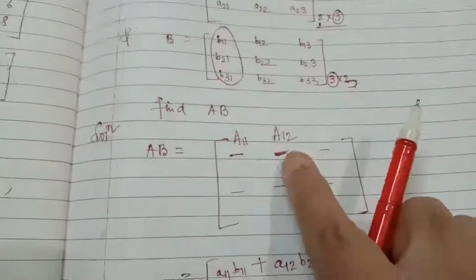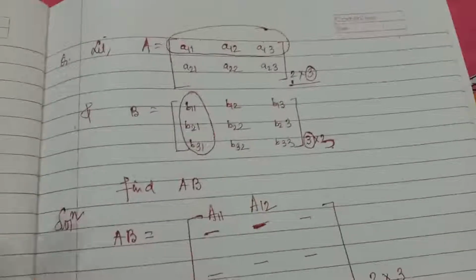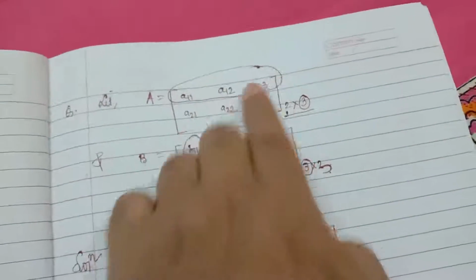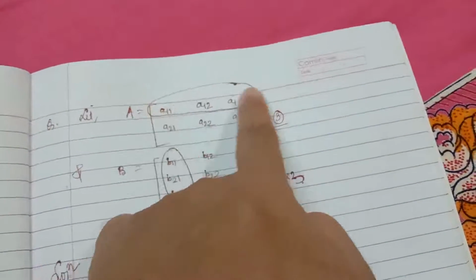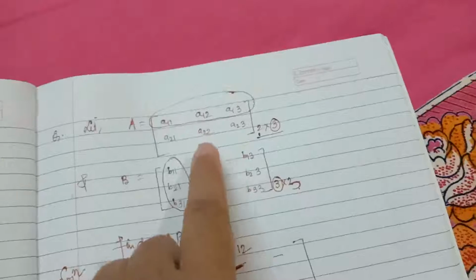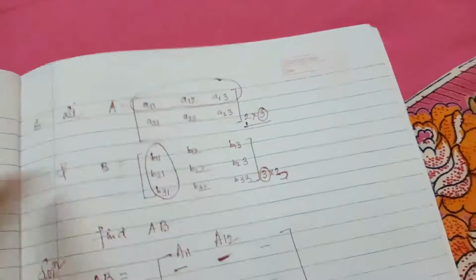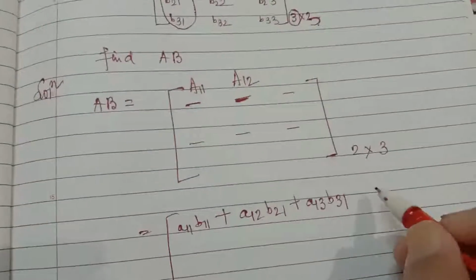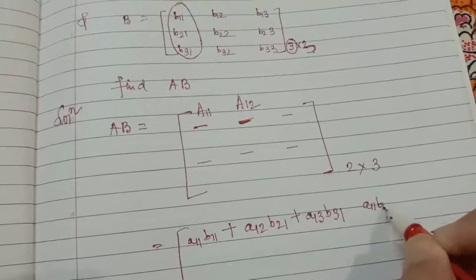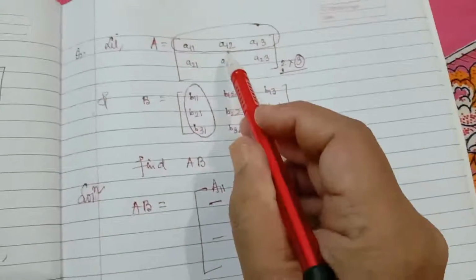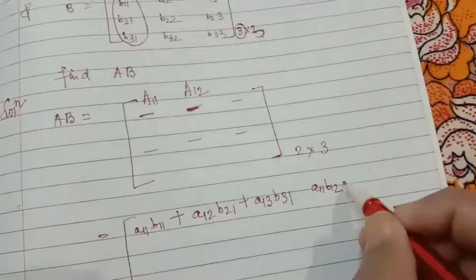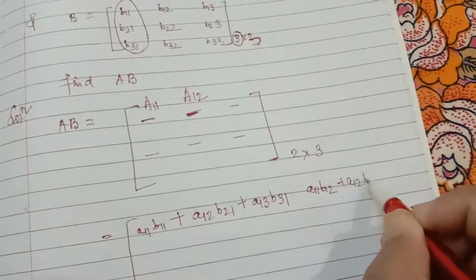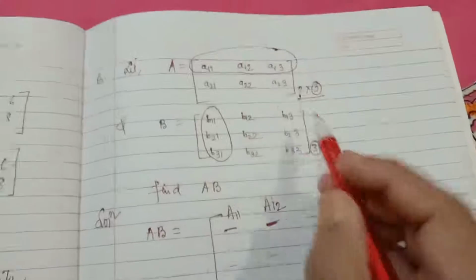To get this, you have to multiply the first row of A with the second column of B. First into first: A11 into B12, plus A12 into B22, plus A13 into B32.